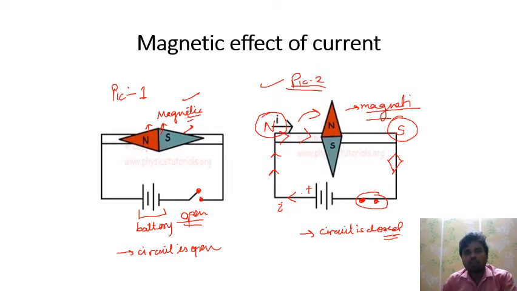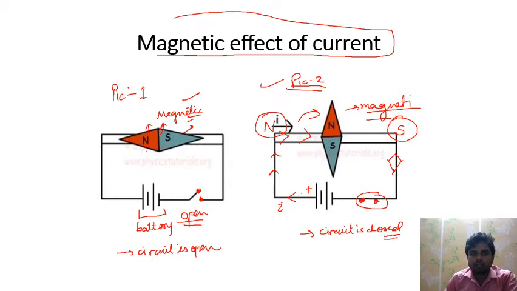Clear? The topic itself says the magnetic effect of current. That means when a current flows in a circuit, a magnetic effect is seen in that circuit. This is the thing that we have to study.